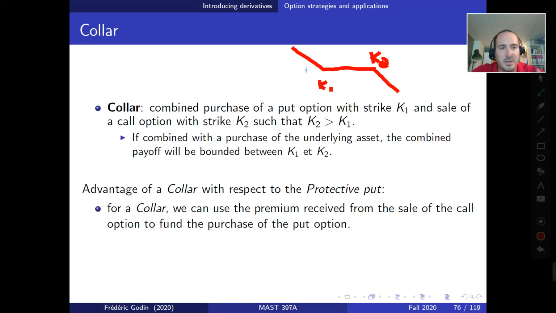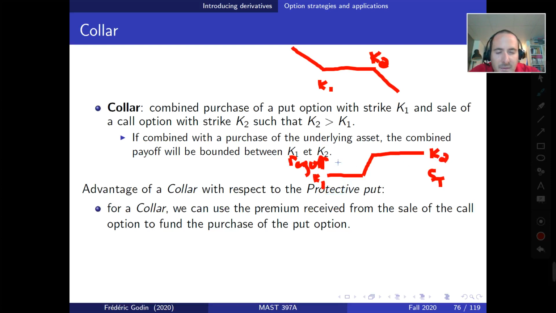Okay, so if you purchase the underlying asset, the payoff of the underlying asset is ST, and if you combine this payoff to the payoff of the collar, I invite you to do this at home, the combined payoff would be of the form here, here, here, with respect to ST. This would be K1 and K2 here.